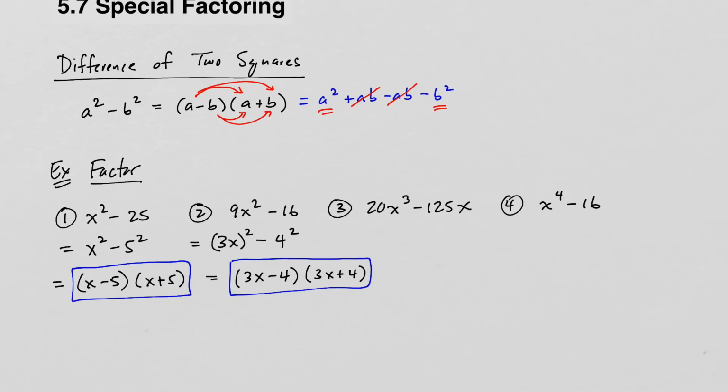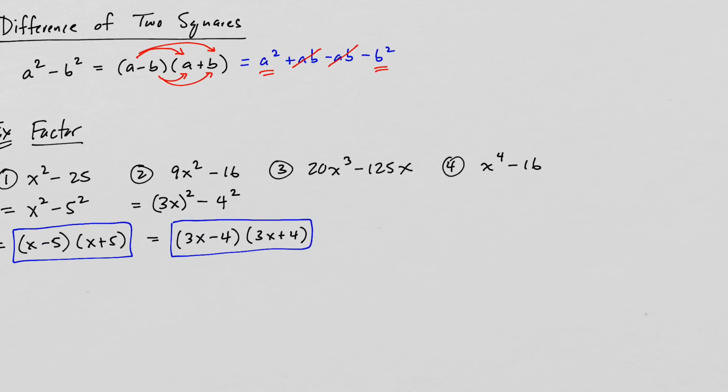Now for problem number 3, we have 20x cubed minus 125x. So to do this one, first of all, I want you to notice that as it currently sits, this is not the difference of two squares. 20 is not a perfect square. Neither is 125. Neither is x cubed.